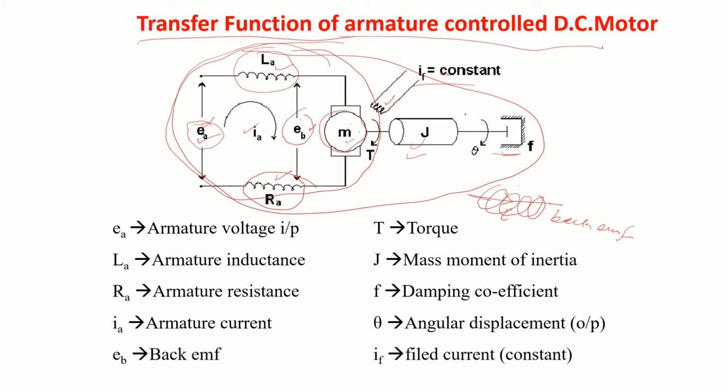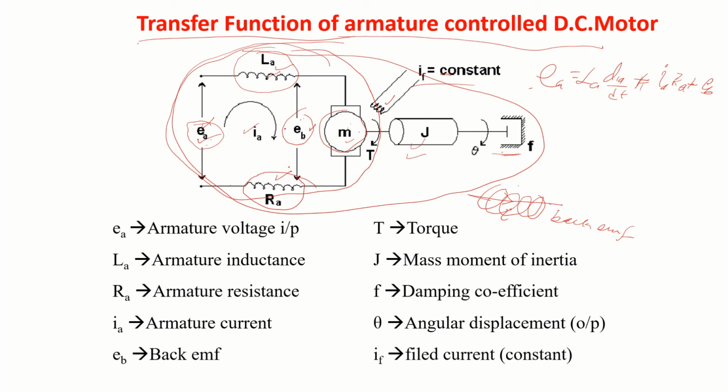So EA must be equal to LA dIA/dt plus EB plus IA RA.